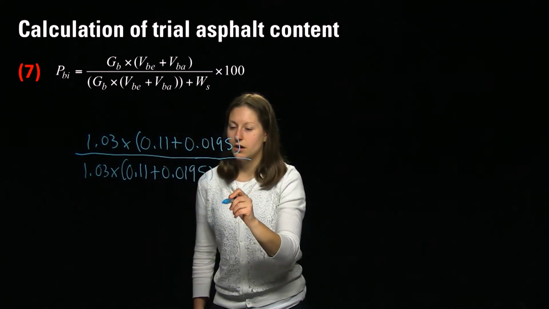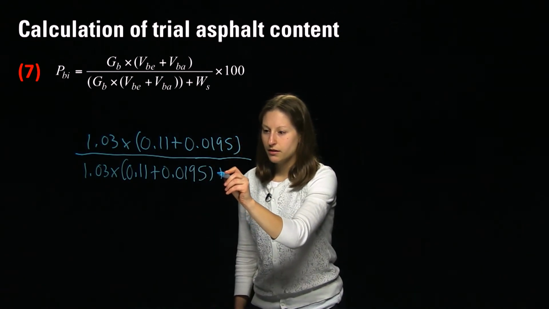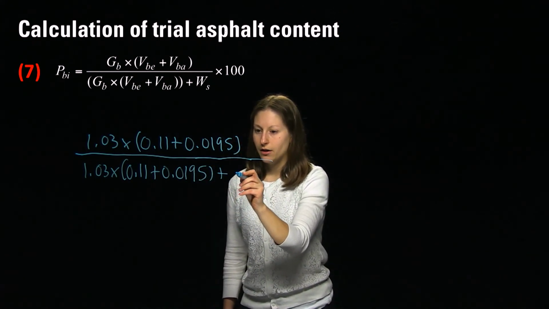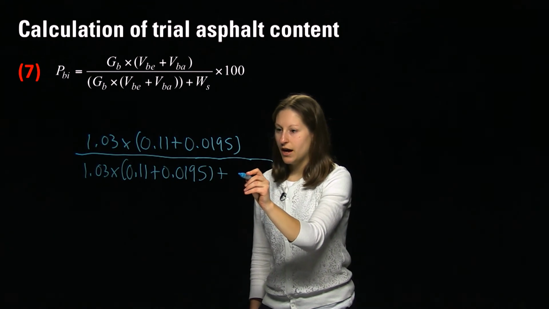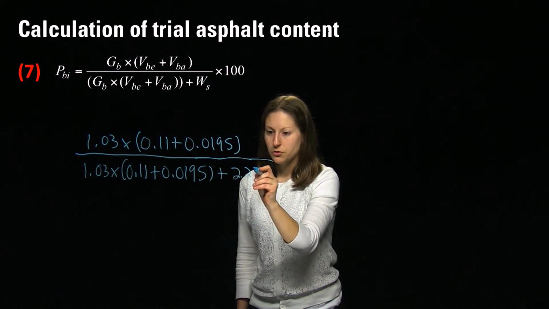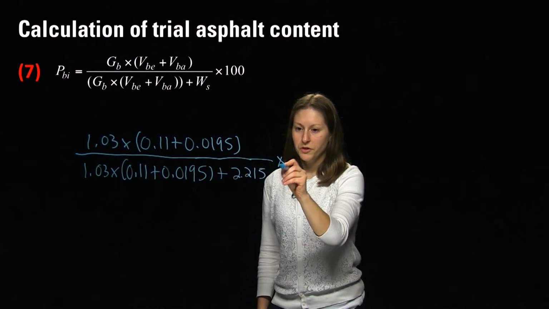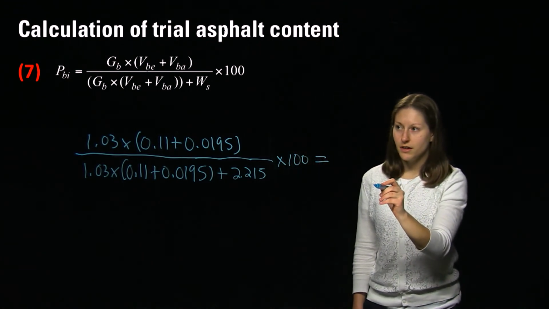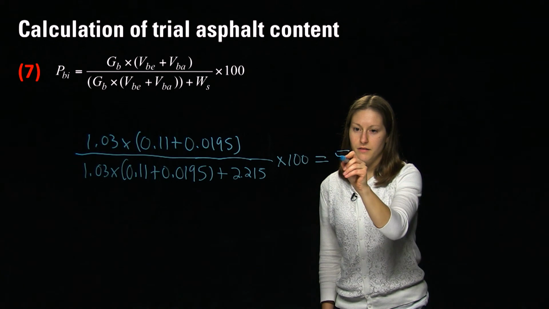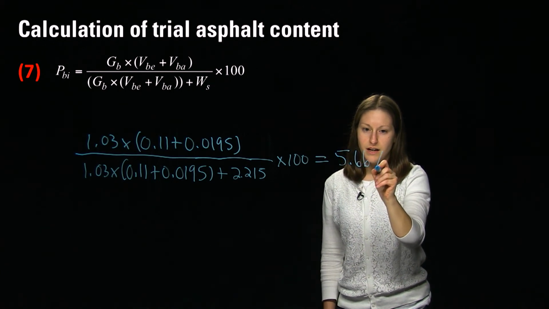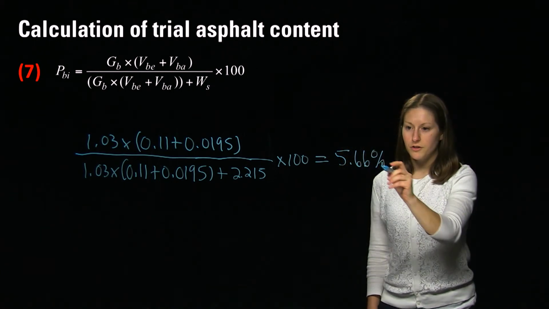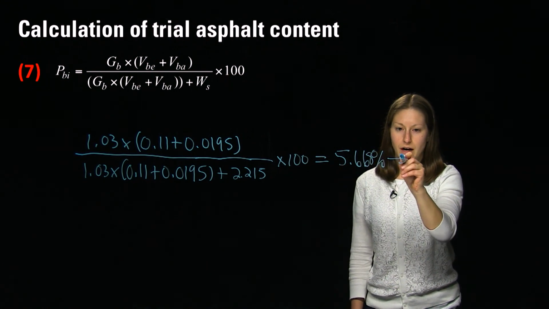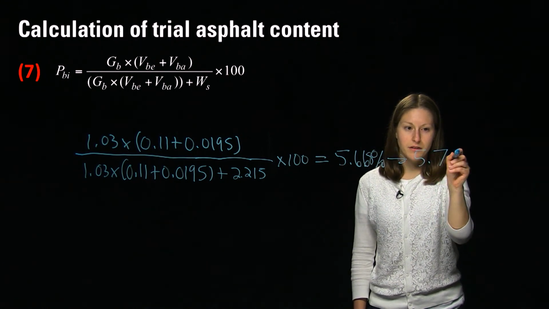That represents our mass of binder, and we add that to our calculated mass of aggregate, Ws, which was 2.215. We multiply by 100 to convert our units to percent, which gives us a binder content of 5.668% by mass of mixture, which we will round to 5.7%.